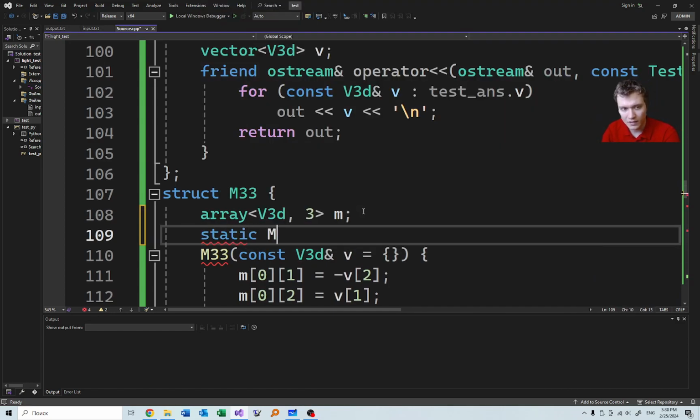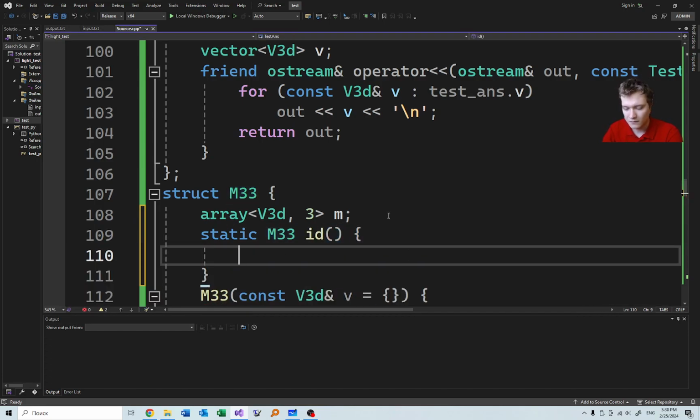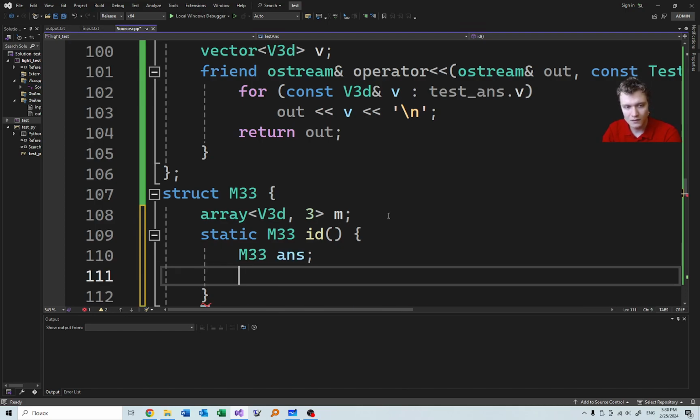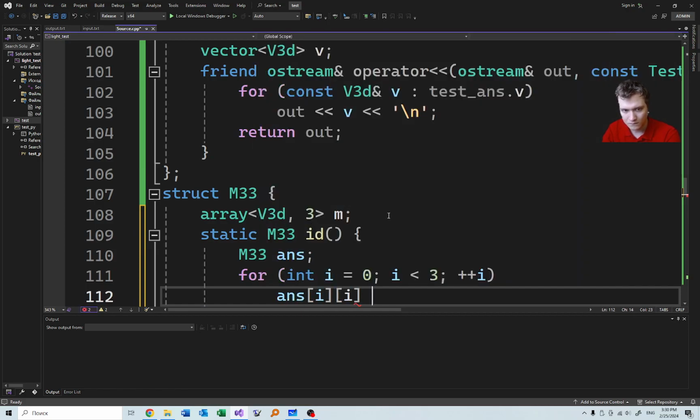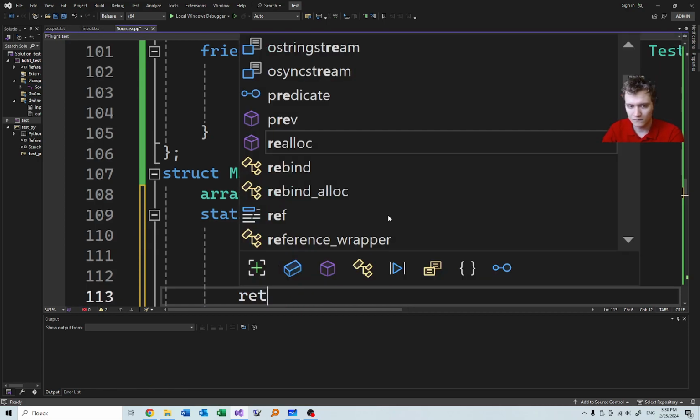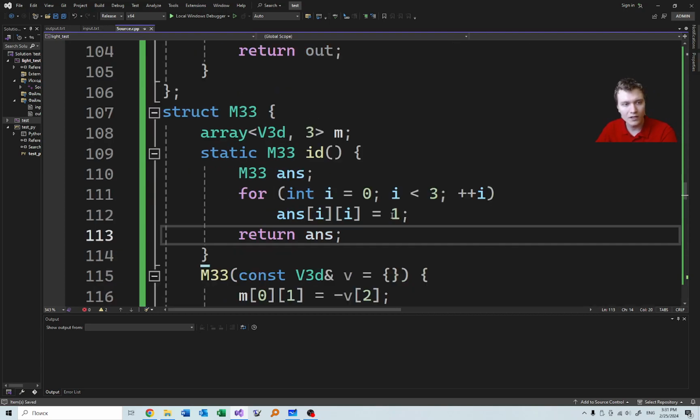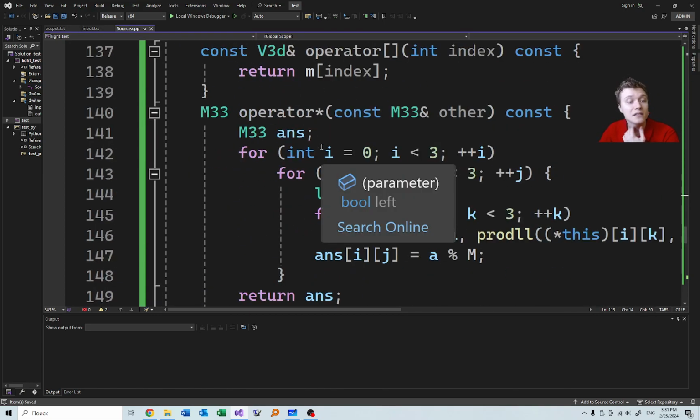Static M33 ID. Okay, we have written also the matrix ID.